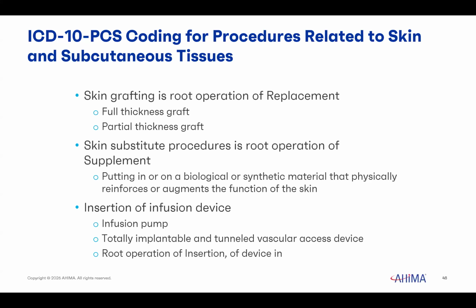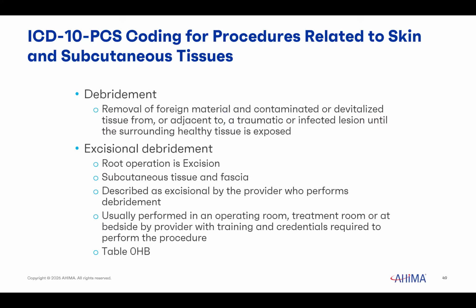And we could use some sort of synthetic skin supplement, right? If it's going to reinforce something, if we put an infusion pump or vascular access devices, it would be an insertion. Now let's talk a little bit about excisional debridements.